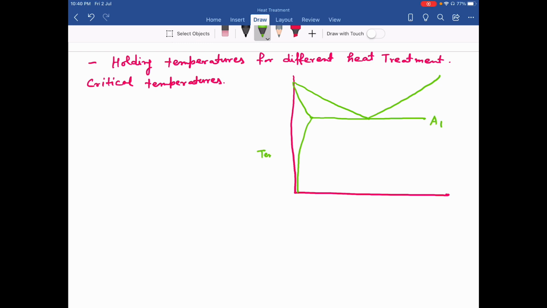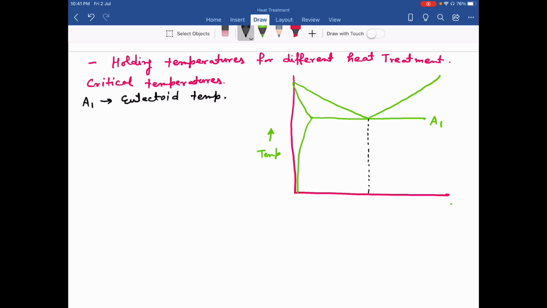So along here I have temperature. Okay, so here I have iron. So now along this point, my eutectoid reaction takes place. Okay, so this A1 temperature we call as an isotherm temperature, that is eutectoid temperature. So this A1 is my eutectoid temperature.